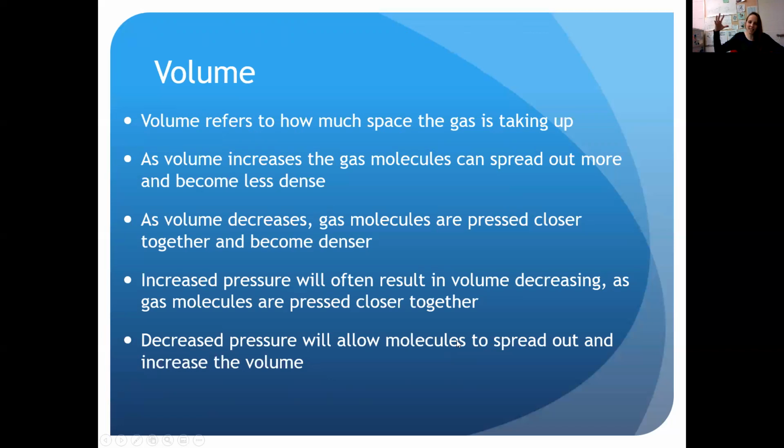If you decrease the volume, usually by putting pressure on the gas or by slowing down the molecules by cooling them, those gas molecules will become closer together and therefore denser. So if you increase pressure, the volume will decrease because you're going to press those molecules closer together. If you decrease the pressure, you'll allow those molecules to spread out more.